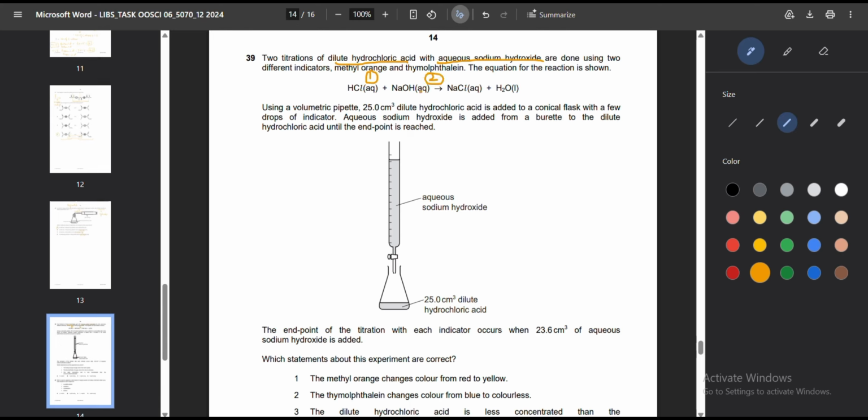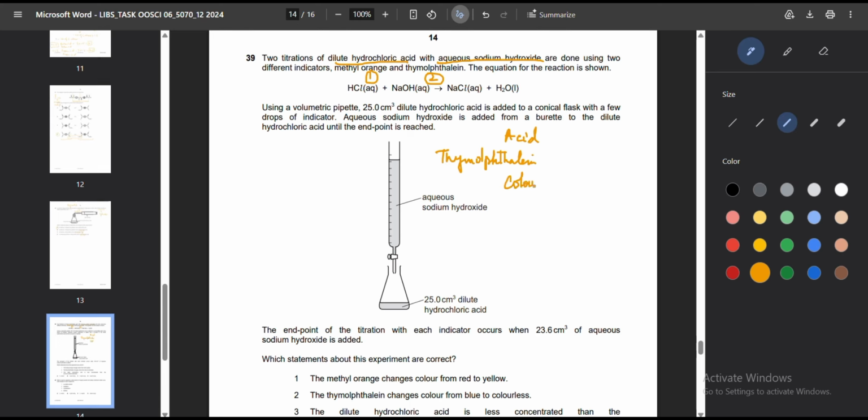Alright, so you must remember what the colors of these indicators are in acids and in alkalis. Thymolphthalein gives which color in acids?